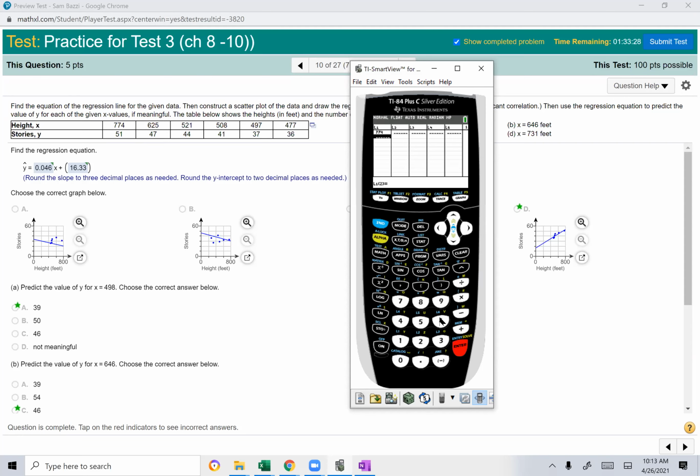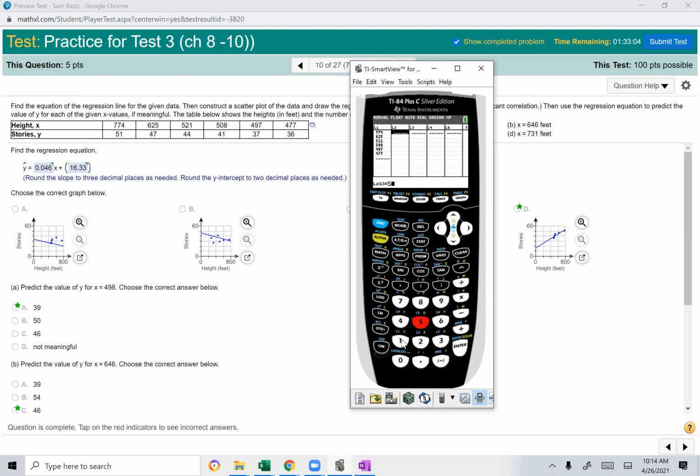So I'm going to just stick to this one, and I'm not going to uncheck it, because if I uncheck it, it will give me a different problem. 521, 508, 497, and 477. That's not too bad of a problem, because I only have 6 data entries, guys.